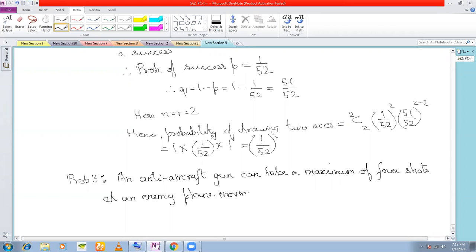So the plane is moving away from the anti-aircraft gun. How many shots can it fire? It can only fire 4 shots.